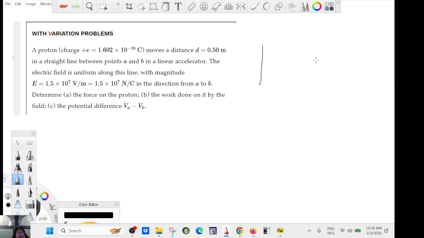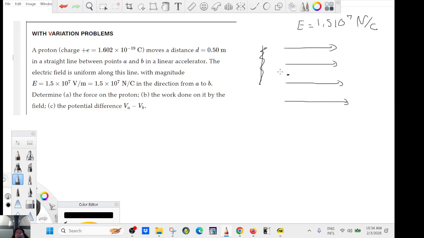So you have a proton. So you have an electric field which is uniform. So the electric field is 1.5 times 10 to the 7 volt per meter or Newton per coulomb. And you go from A to B and you have a positive charge. Oh, it's a nice review, by the way.